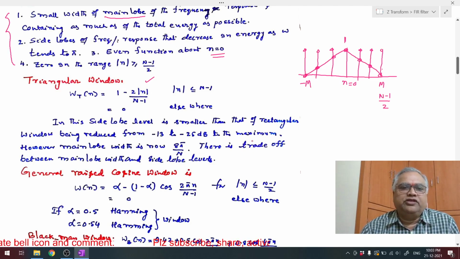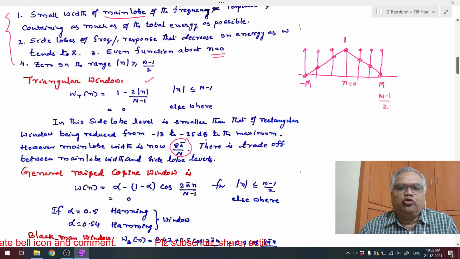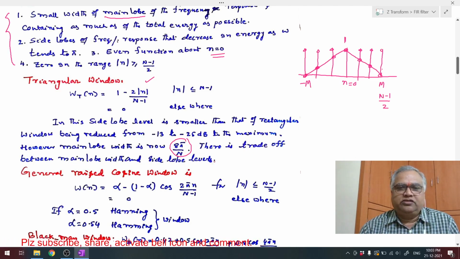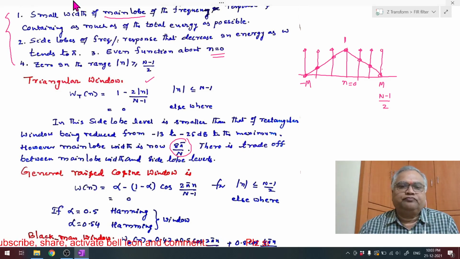This is one advantage. However, main lobe width is now 8 pi by n. Previously it was 4 pi by n, now 8 pi by n. Main lobe width is increasing and side lobe levels are decreasing. So there is a trade-off between main lobe width and side lobe levels.